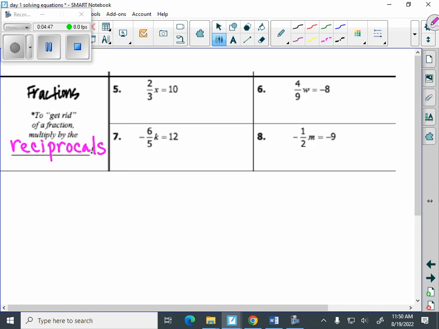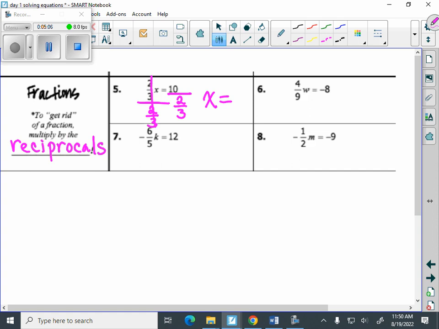Problem number 5 is 2/3 times x. The inverse operation of multiplying is dividing, so you can divide by 2/3 on both sides. 2/3 divided by 2/3 is 1x.